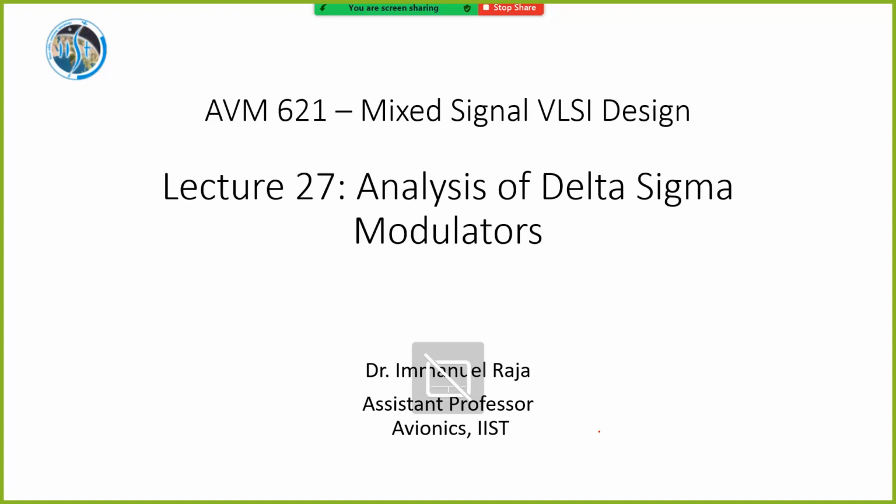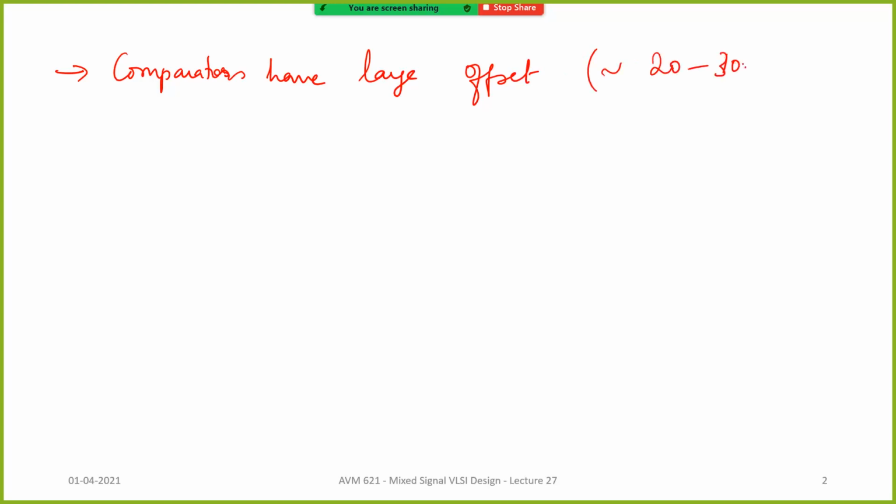So basically auto zeroing is for, going back to the comparators thing. So we know that comparators have large offset. Okay, so typically it can be between 20 to 30 millivolt.